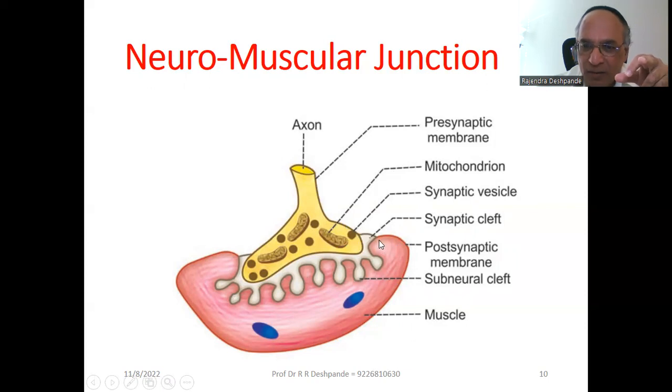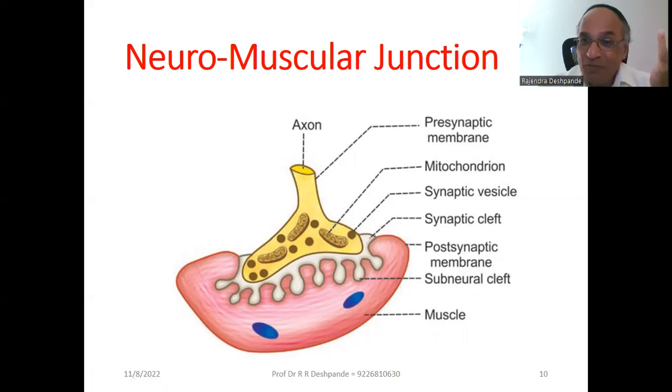Then this is the muscle, the postsynaptic membrane. This is presynaptic, this is postsynaptic, and in between can you see the gap? Can you see the cursor? Synaptic cleft. So three words are important: presynaptic membrane, postsynaptic membrane, and synaptic cleft.